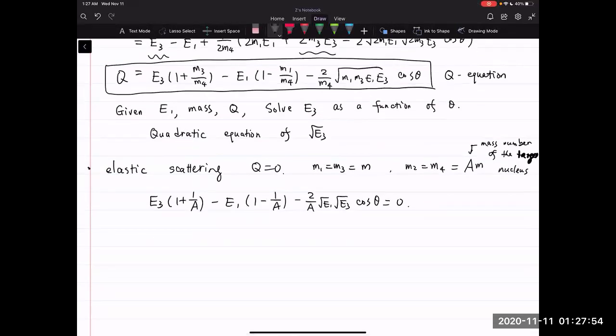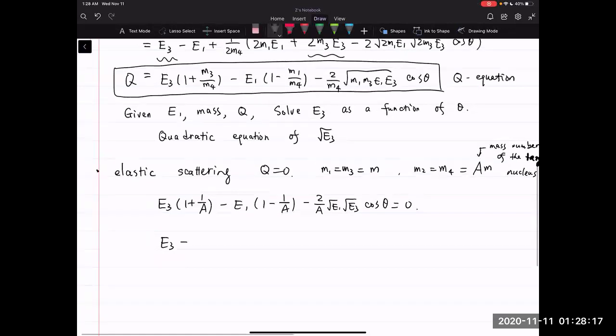Okay, so now we can solve for E3. You can rearrange this equation a little bit so that we can see this is an equation of E3. If we divide by 1 plus 1 over A, we get, let's move this cosine theta term here first. That's the square root of E3, and all the rest is just a prefactor.